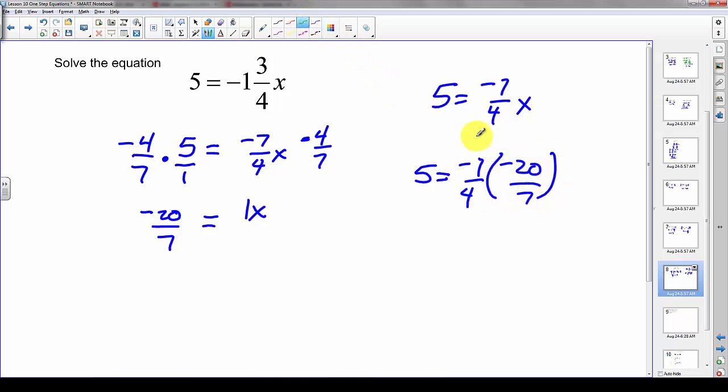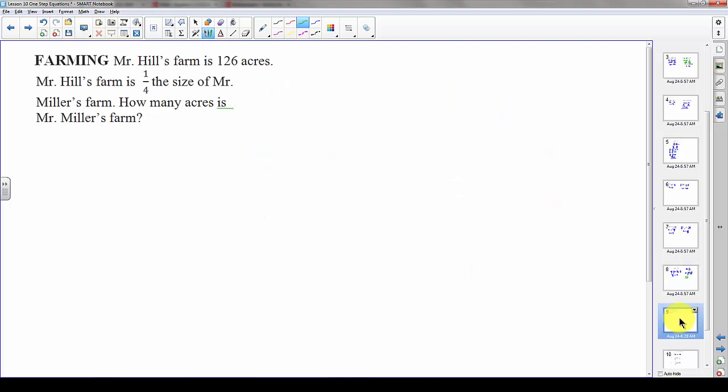Notice the 7's will reduce, the 4 and the 20 reduce, and I have a negative times a negative, which is a positive, so 5 equals 5, and the problem checks out. You can always make sure your answer's right by going back and checking.